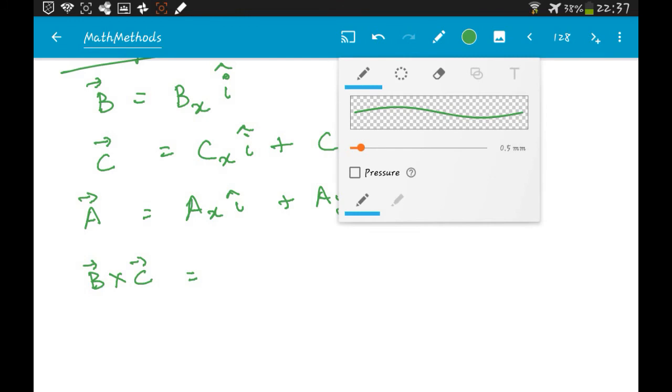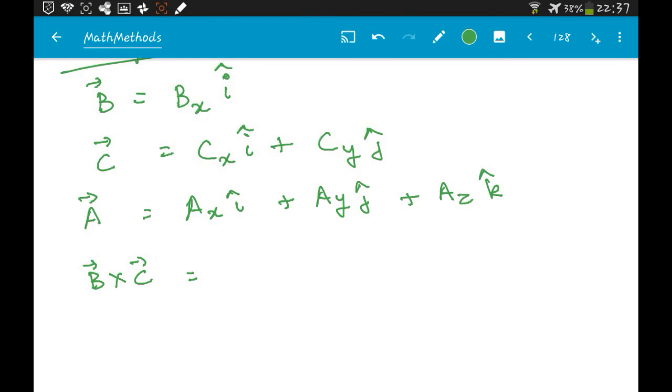The way that you do a cross product is you just multiply the terms. Let's look at it: Bx i crossed with Cx i plus Cy j. This is what we want to do.